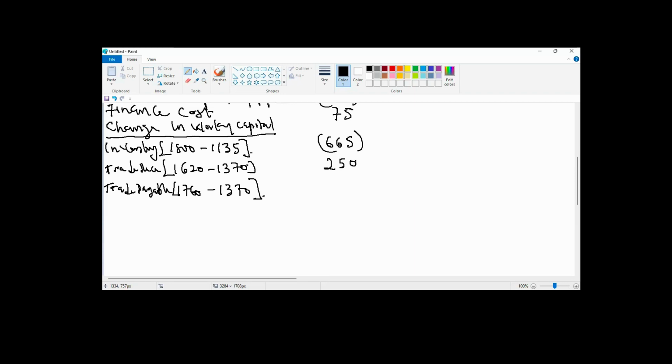Go to additional information, you will see information regarding investment. Either they stated it in additional information or not, always remember that investment in the current asset are cash equivalent, unless otherwise stated, unless otherwise reported that it should be treated as part of working capital. And I said, okay.